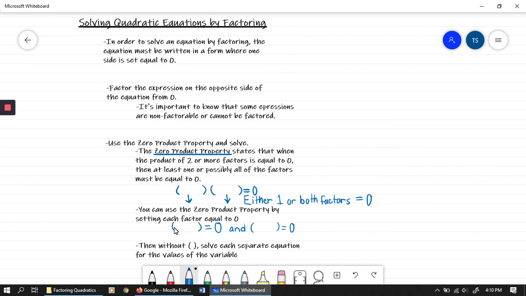So without the parentheses, you're going to solve each of those equations for the value of whatever the variable is. And you will more than likely have two different values. It could be that you have two of the same values, but again, more than likely it will be two different values.